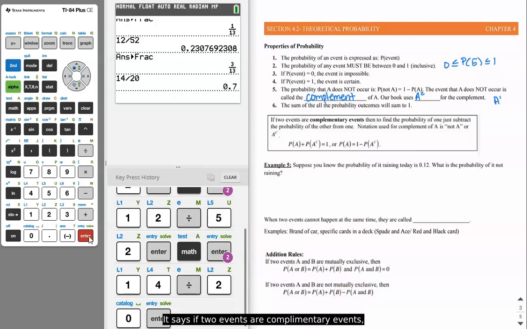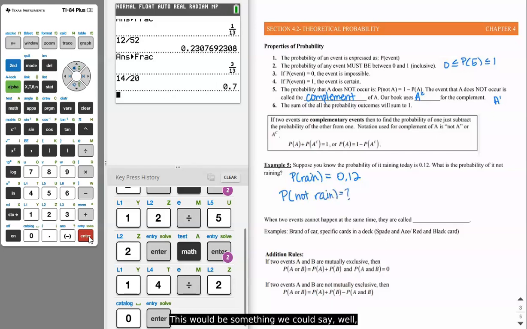If two events are complementary events, then to find the probability of one, just subtract the probability of the other from 1. The notation used for the complement of A is not A or A complement. Our example using the complement, example 5, says, suppose you know the probability of it raining today is 0.12. What is the probability of it not raining? We know the probability of rain is 0.12, and we want the probability of not rain.